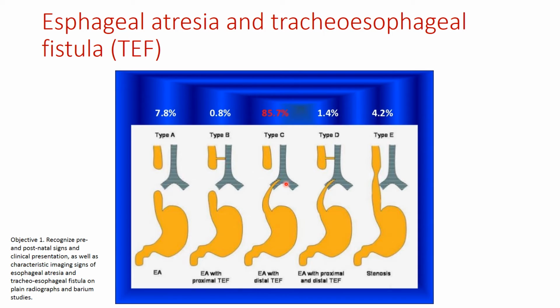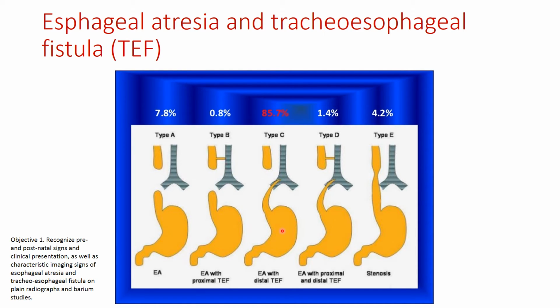This type C fistula, again, you have no communication up top, and so the baby will take in formula or take in feedings and then regurgitate it out. It's not going to keep those feedings in there. But because there's this fistula between the trachea and the stomach, you should get an air distended stomach.